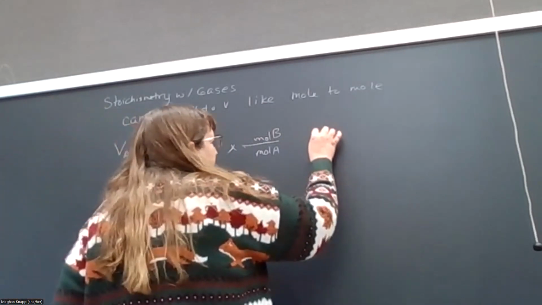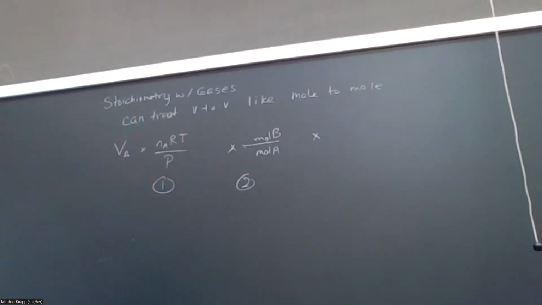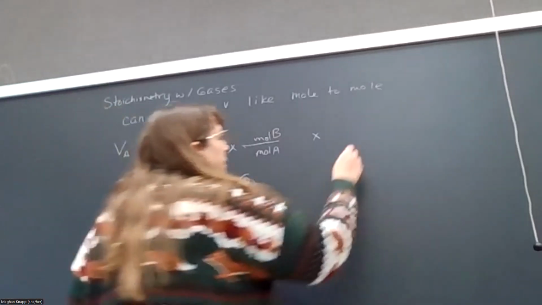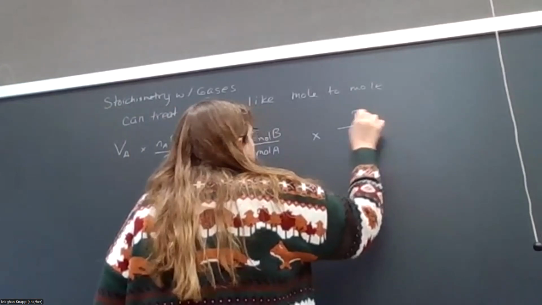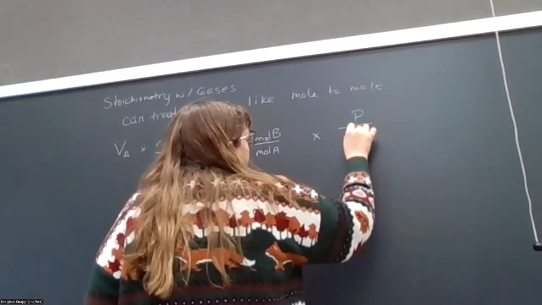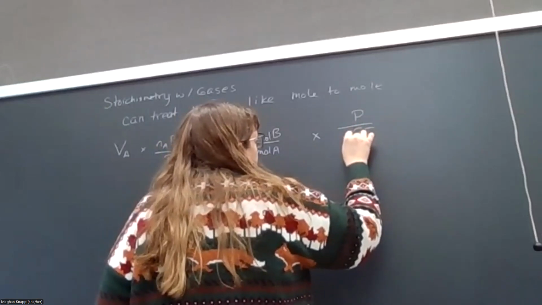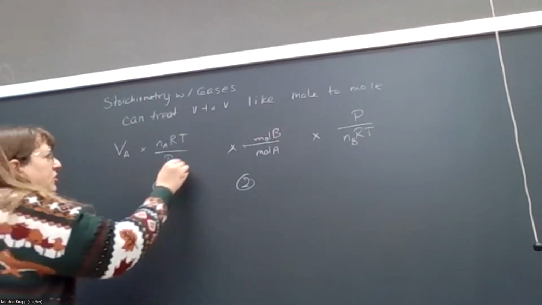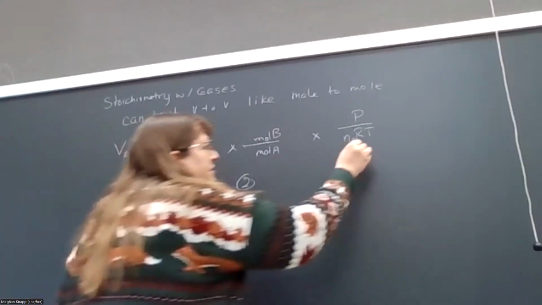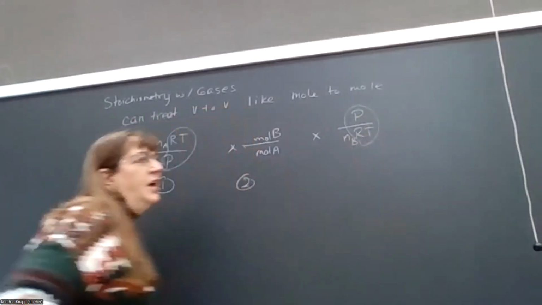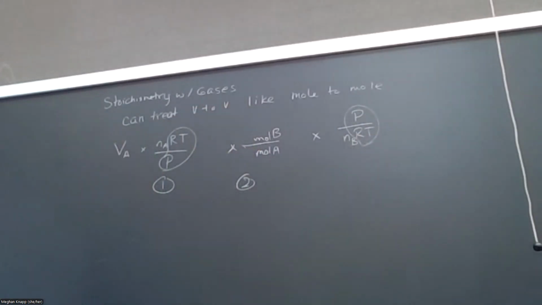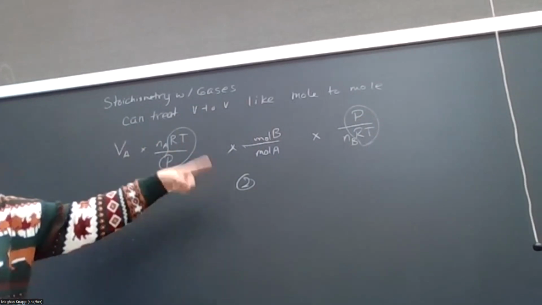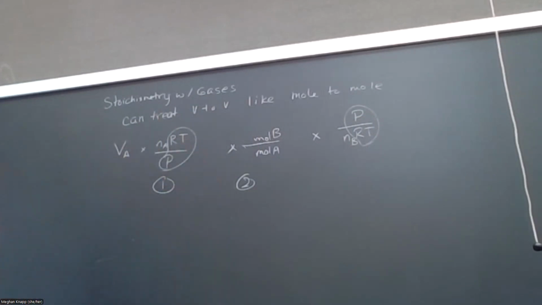And then our last step to get back to volume is going to be to take pressure divided by nRT of B. And if we are doing this at constant temperature and pressure, all of this multiplication cancels out with all of that multiplication, right? And so really, we're just doing moles of A to moles of B, okay?